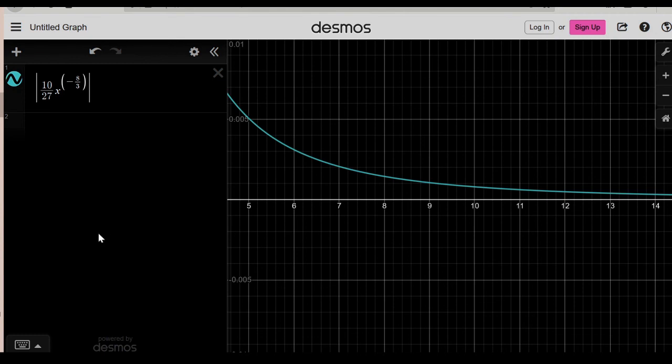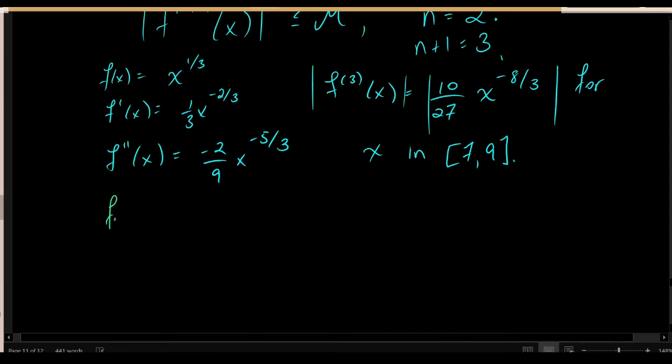So here I am on Desmos with the graph of the third derivative absolute value for x's in the interval from 7 to 9. So what is the largest that this function could possibly be? The largest value of that function for x's between 7 and 9 is achieved when x is equal to 7. This function is decreasing, so its largest value is achieved when x is as small as possible, when x is equal to 7.